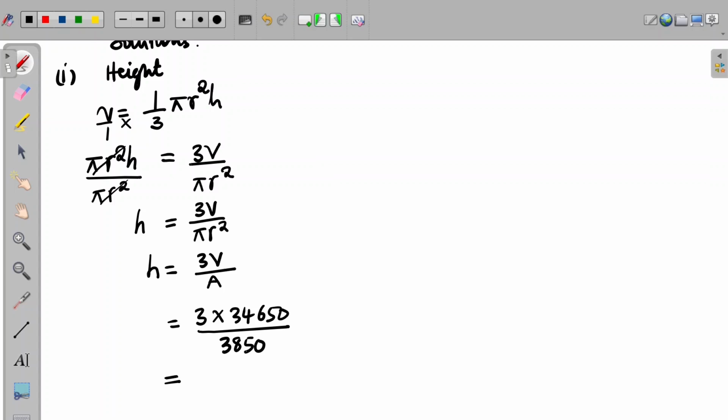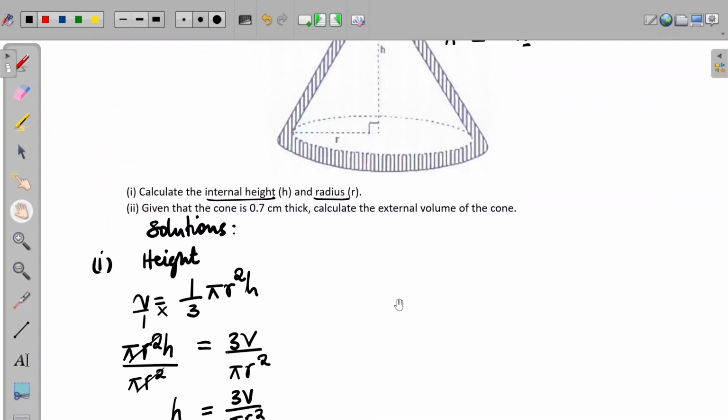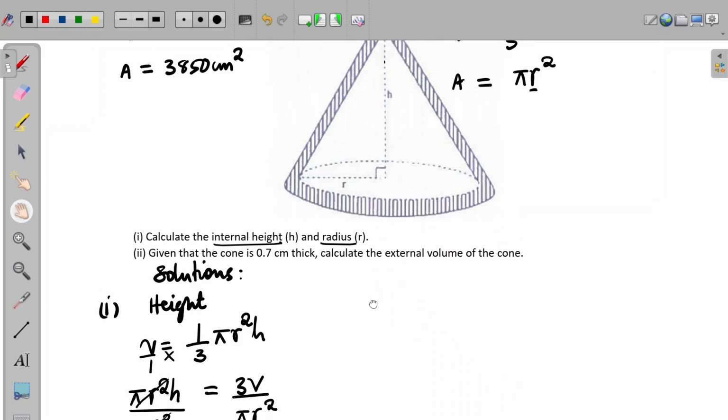So I found that height is 27. I say okay, height is 27 centimeters. You put the units. So we have found height, then we go to radius. Let's find the radius.